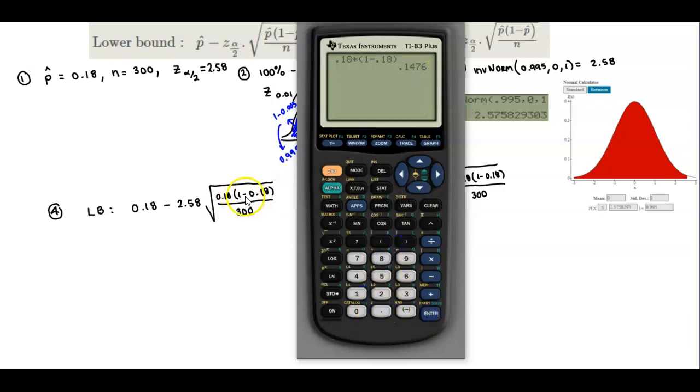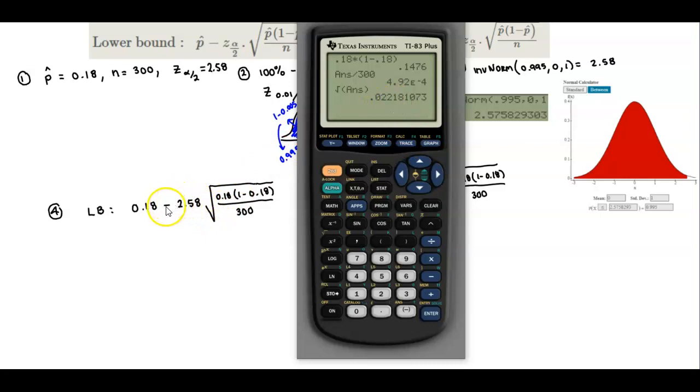Now that we get the numerator, we're going to divide it by 300. So there is our answer, but then we have to take the square root of that. So we're going to hit second square root, and then we're going to use the answer. A lot of your calculators are going to say answer, so you hit second ANS, which is the answer. So we take the square root of that, and now we have this number.